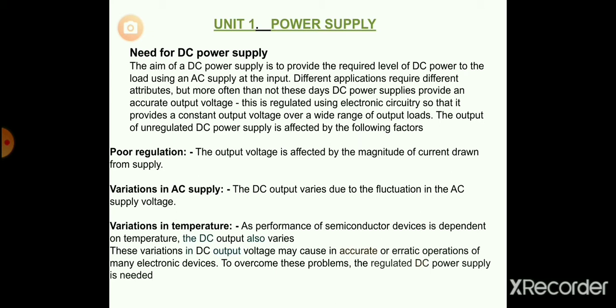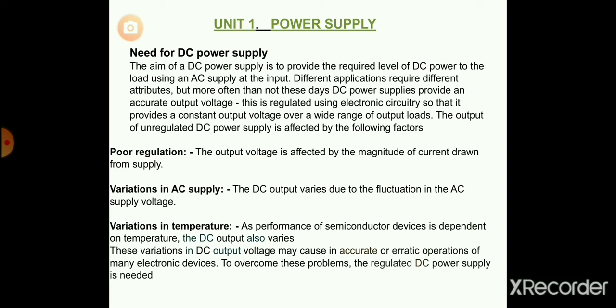Need for DC power supply. Power supply is usually required for electronic equipment. Almost all electronic equipment and devices will work on DC power supply. The aim of a DC power supply is to provide the required level of DC power to the load using an AC supply at the input.